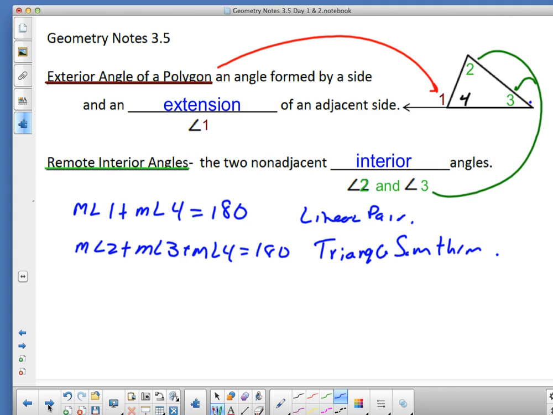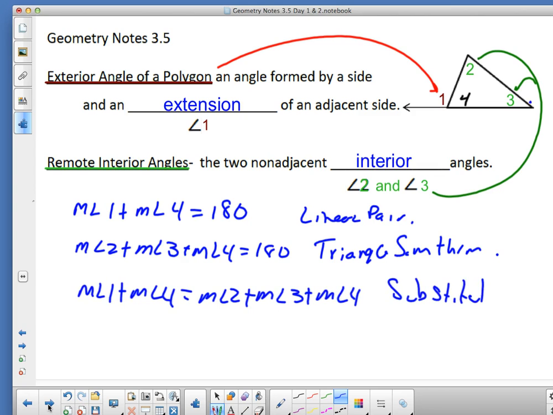They're both 180. I can set them equal to each other. The measure of angle 1 plus the measure of angle 4 equals the measure of angle 2 plus the measure of angle 3 plus the measure of angle 4. This is substitution. Are you okay with that? I can totally substitute that in.